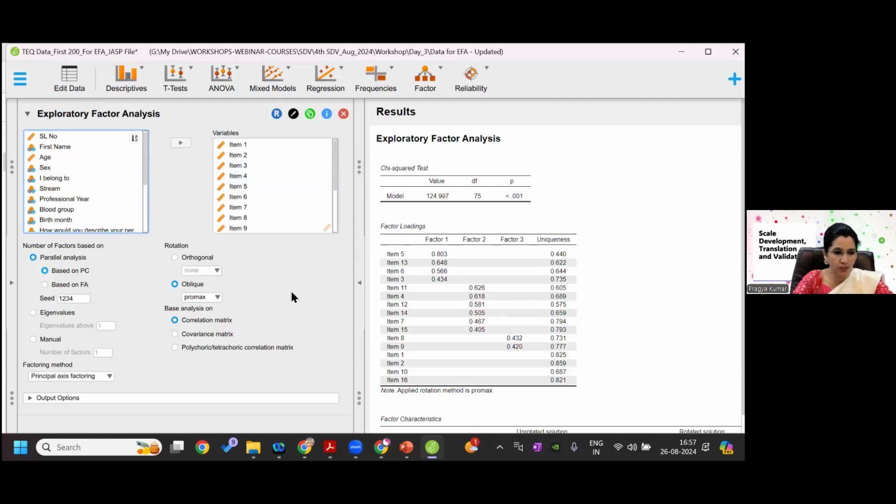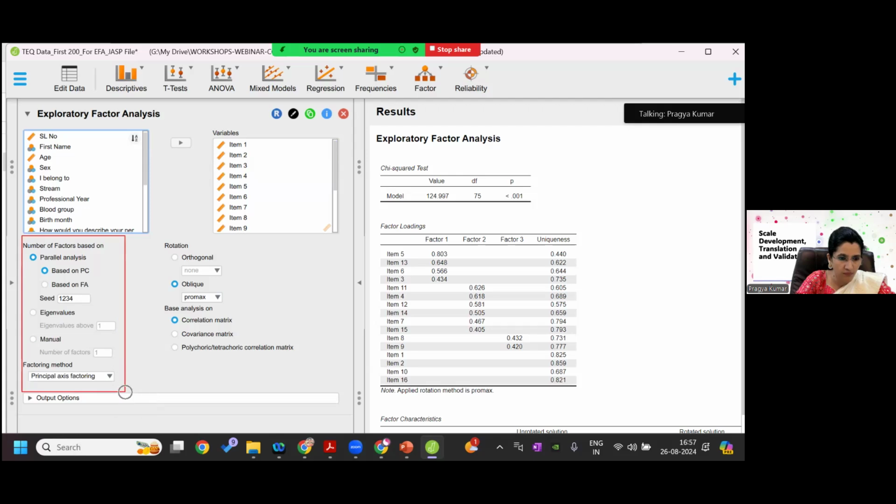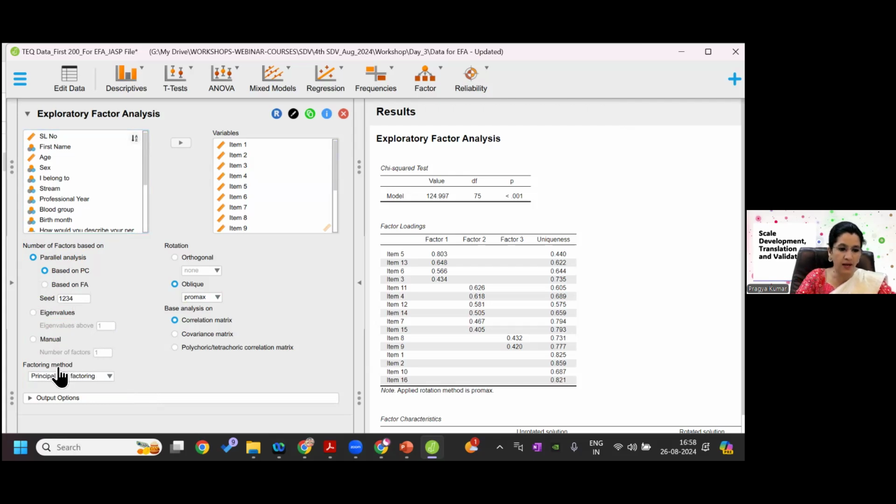Now, first focus on method of extraction. Can you see this? Please focus on left side. You can see there are options, number of factors based on parallel analysis, based on eigenvalue. This is the eigenvalue. And this is your manual, means number of fixed factors which we were discussing. Okay. Now there was another thing which I did not discuss, factoring method. So there are various ways of factoring method.